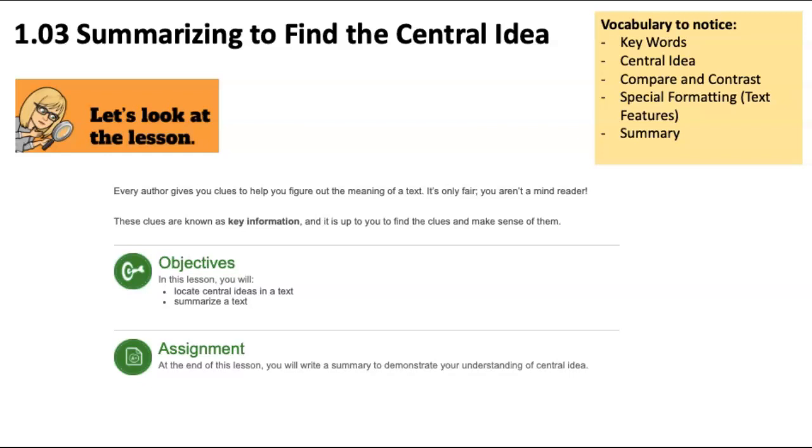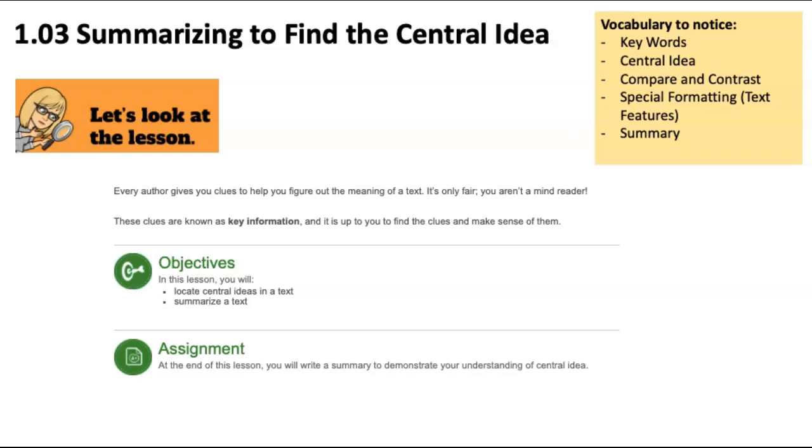Now, what's nice is you're continuing with the Rosen article that you started a few lessons back. You're breaking that article down into bits and pieces and looking at key phrases and key words that Rosen used, to get you to really focus in on what they're saying.